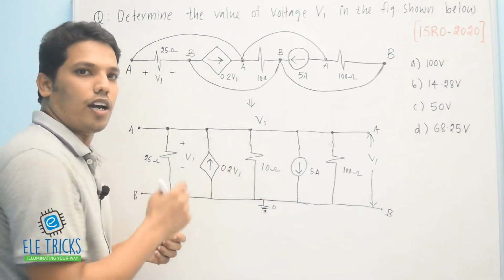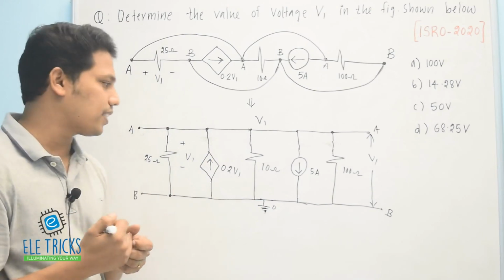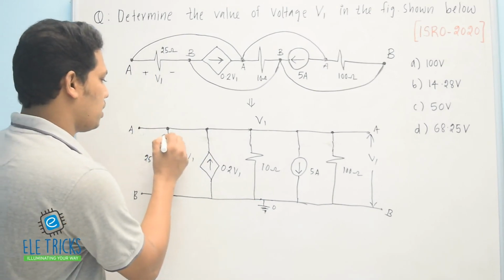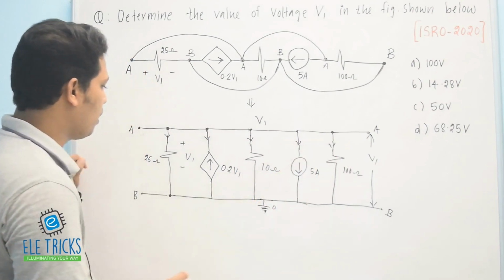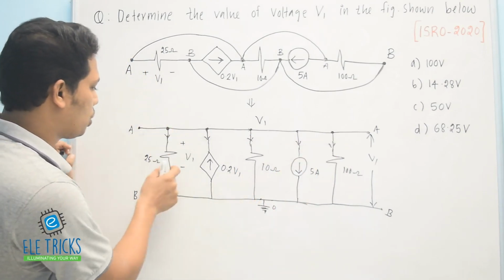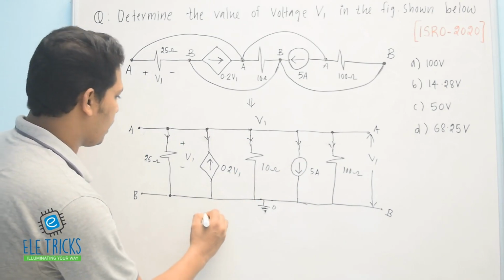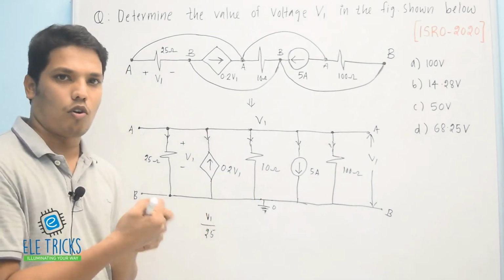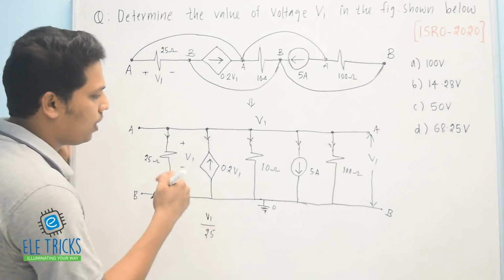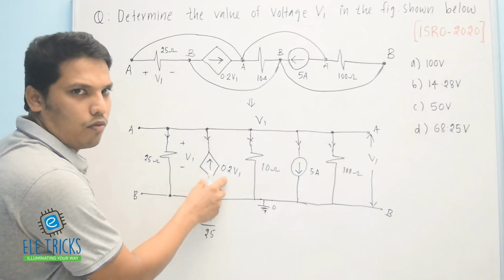Here there is only a single node, so you just apply node analysis. How? You just consider the direction of current like this. Then what is the current through this 25 ohm resistance? That is V1 divided by 25, because current is equal to voltage divided by resistance. Then you just check, here is one dependent voltage source.